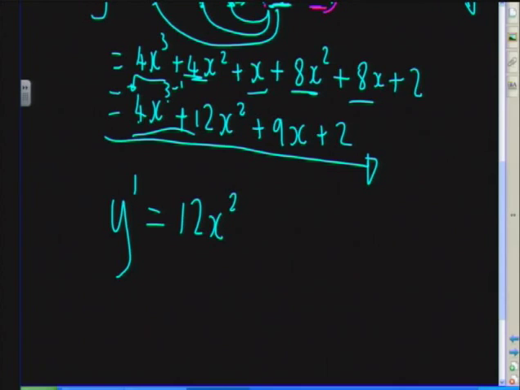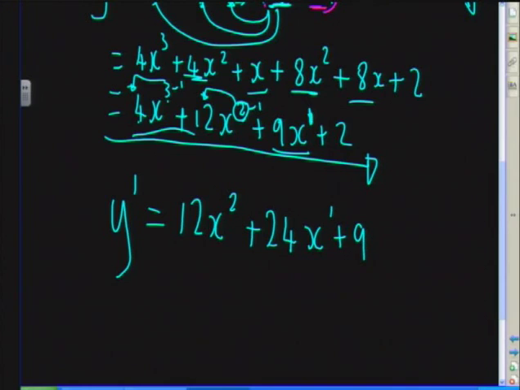Okay? For the next term, we do the same thing. Power times the coefficient. 2 times 12 will give me 24. From the power, I subtract 1. So 2 minus 1 will just give me 1. All right? Next term, the power here is 1. 1 times the coefficient of 9 is just 9.